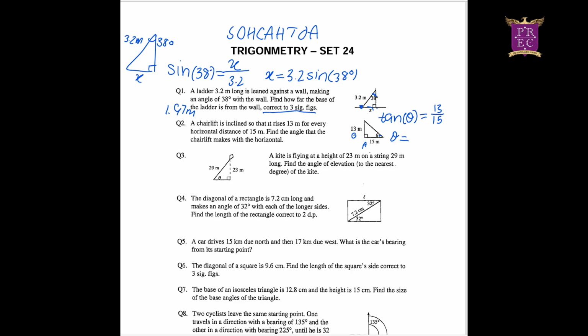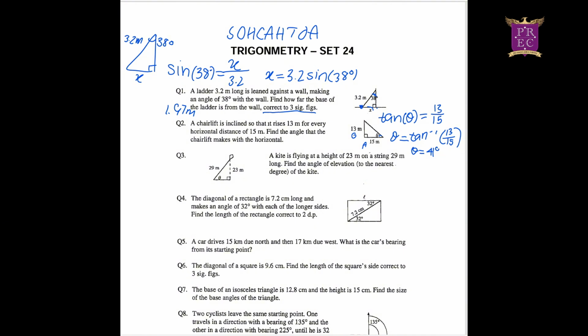Remember, it becomes tan inverse. All right, so we have tan inverse 13 on 15. And what now? Put this in the calculator and see what you get for the answer. The angle should be 40.91, and just round it up to the nearest degree, which will be 41 degrees. Okay, let's go on to the next one.